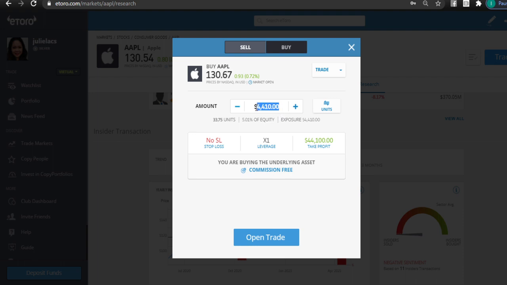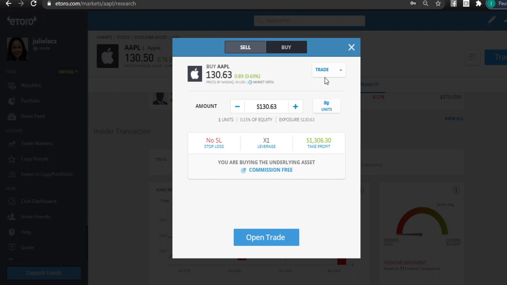All you have to do is enter the amount, or you can also enter in units. So 1 unit is equivalent to whatever the price is, of course the equivalent of that is the amount 130.64. That means whatever the price right now, you are willing to buy it at that amount.